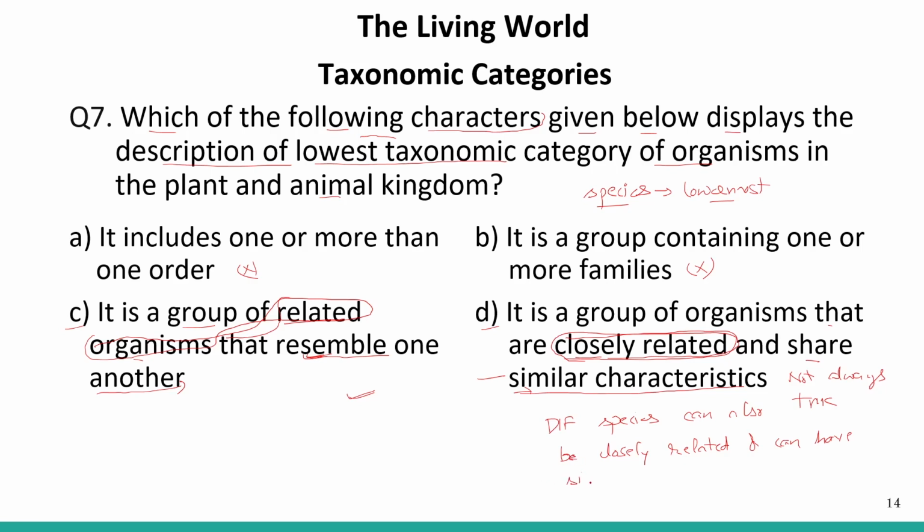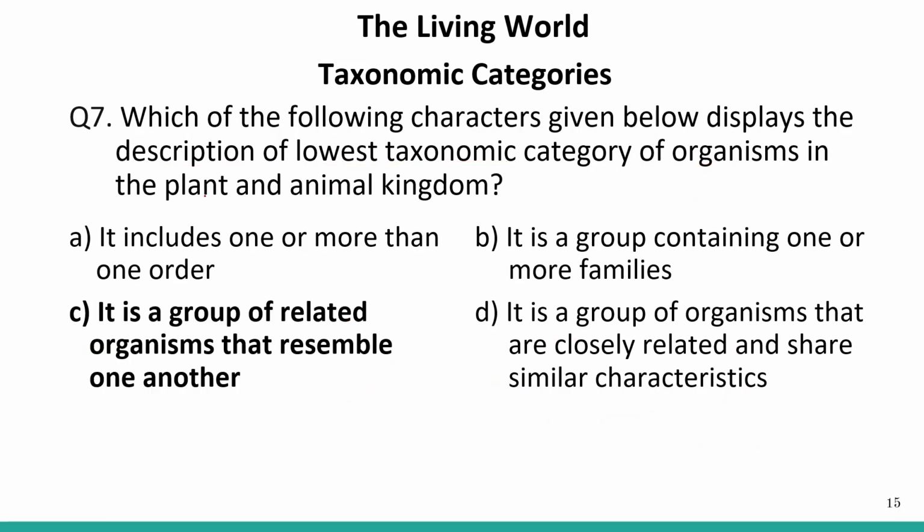Similar environment, similar habitat also they can share. They can share similar kind of food also. So that's why this statement is not correct. So what is the correct answer? Option C is the correct answer.